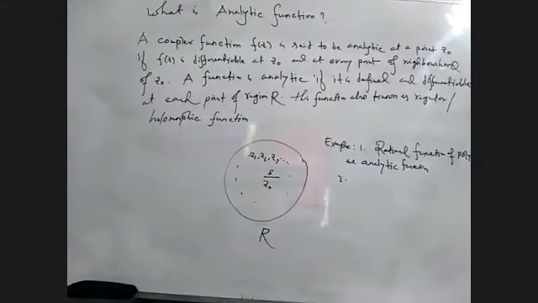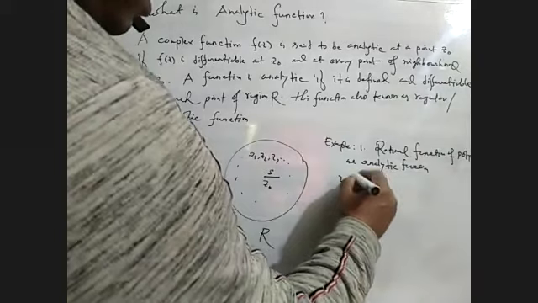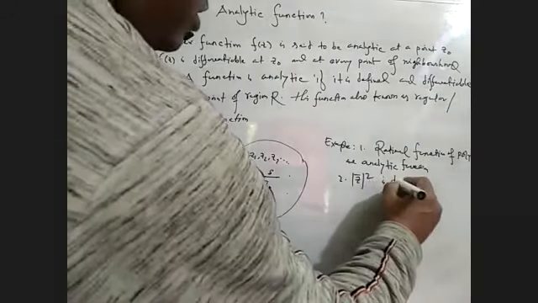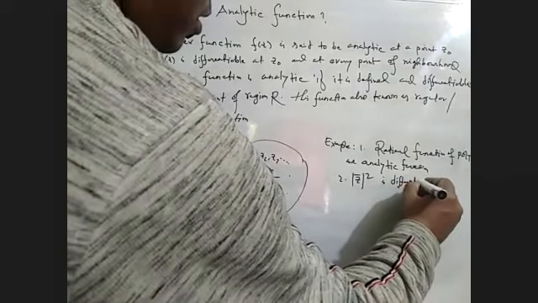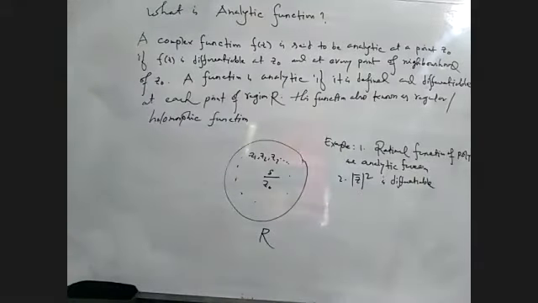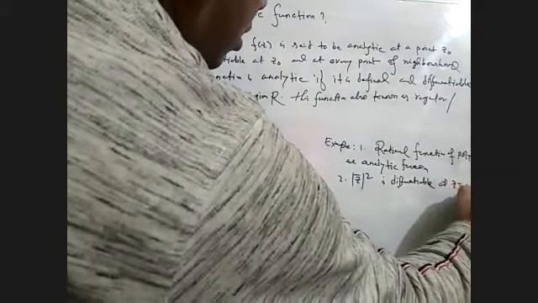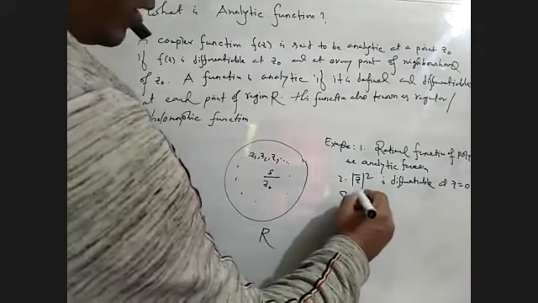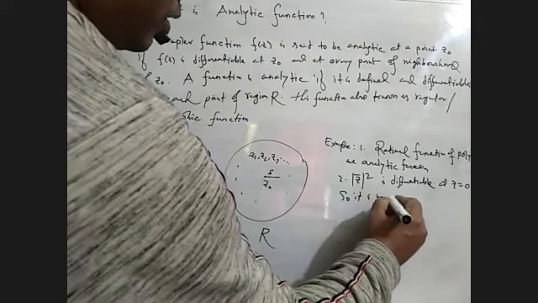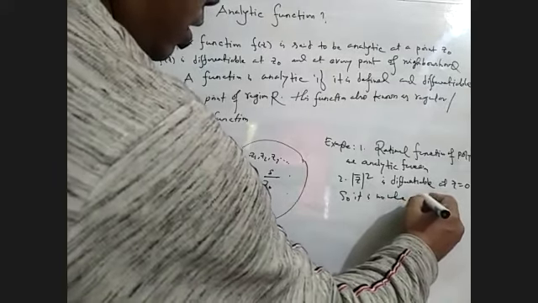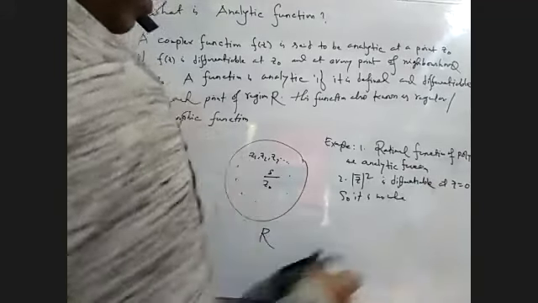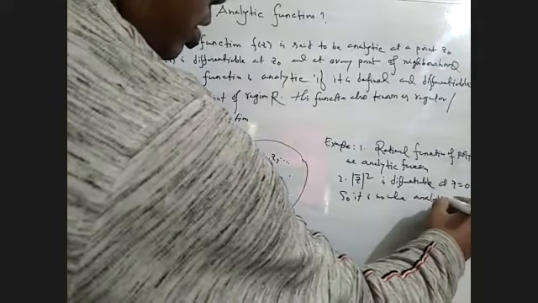Number 2: if we take the complex conjugate modulus square, complex conjugate means z bar, the modulus square is differentiable only at z equals 0, so it is nowhere analytic.